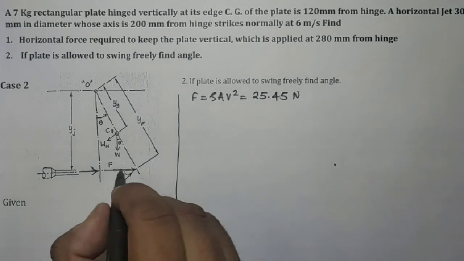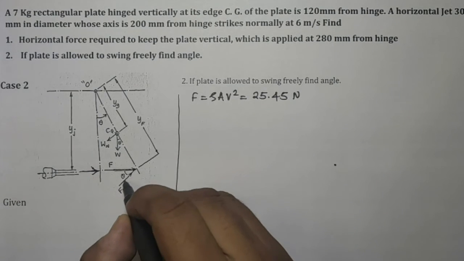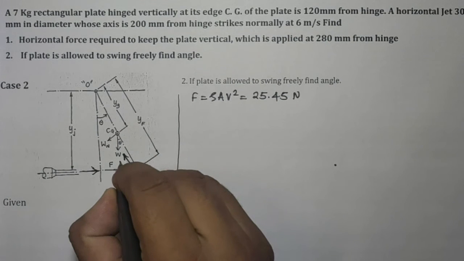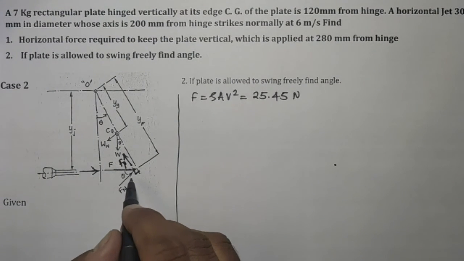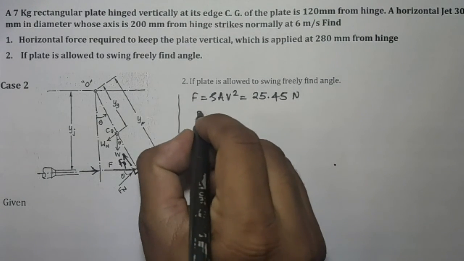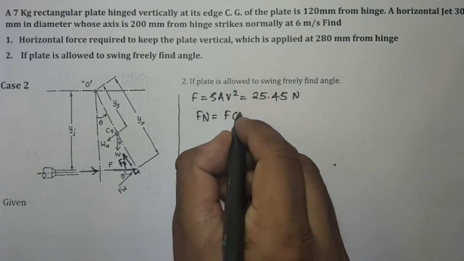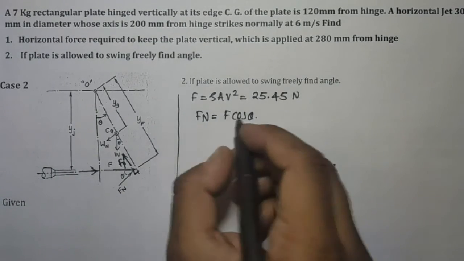Now this is a force which is normal to the plate, and another force is parallel to the plate. What we need to find out in this case is the force Fn. So Fn is equal to F cos theta. So this is the force Fn.